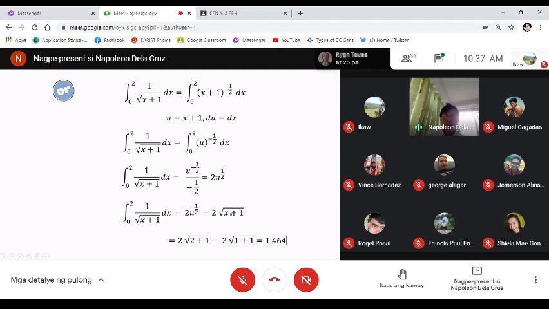So una 2, then minus 0. Ay, ganun. Okay? Supposedly this is 0. Sorry. 2 square root of 2 plus 1 minus 2 square root of 0 plus 1.